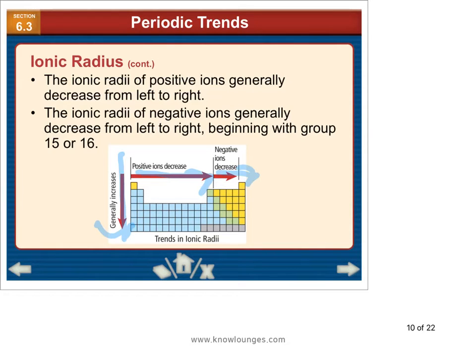But it does not decrease all the way across. We have to break it into two groups. So, ionic radii of positive ions generally decrease from left to right, and the negative ions also decrease from left to right. Here it's broken into a blue category and a yellow category.